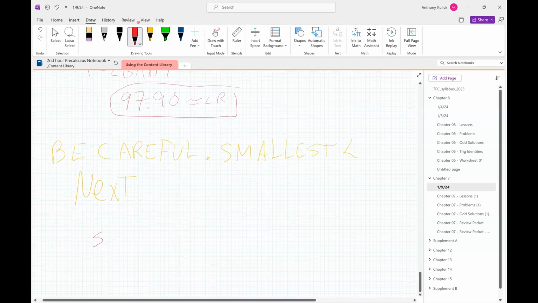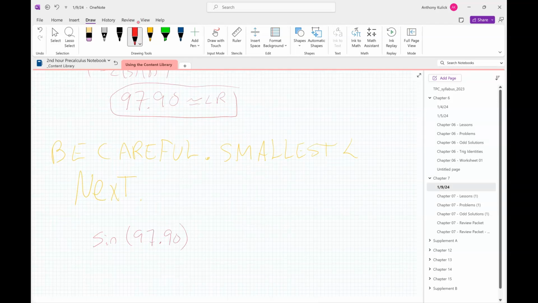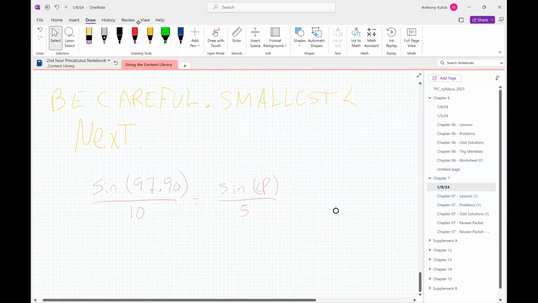And to do this, I'm going to do a law of sines, just like we've done before. So I cross multiply and divide and do the sine inverse.